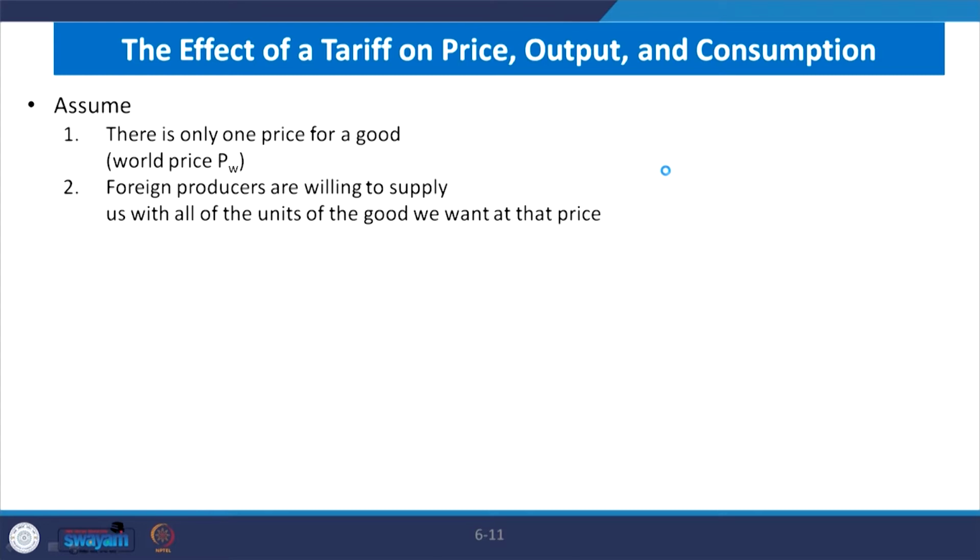Foreign producers are willing to supply us with all the units of the good we want at that price. This is an assumption, because if the foreign producers are reluctant to export the product at a given price, the exact impact of tariff imposition probably cannot be understood or evaluated. So, this is very important.